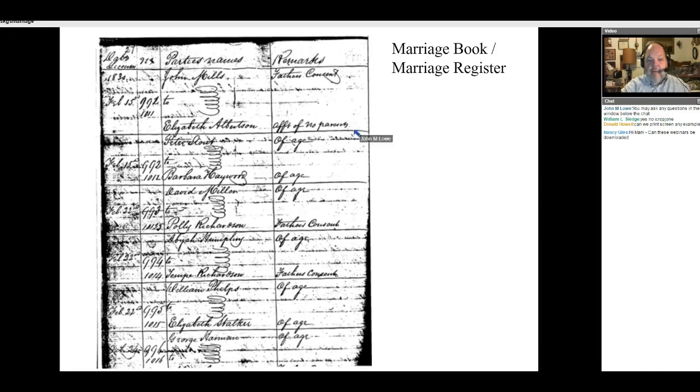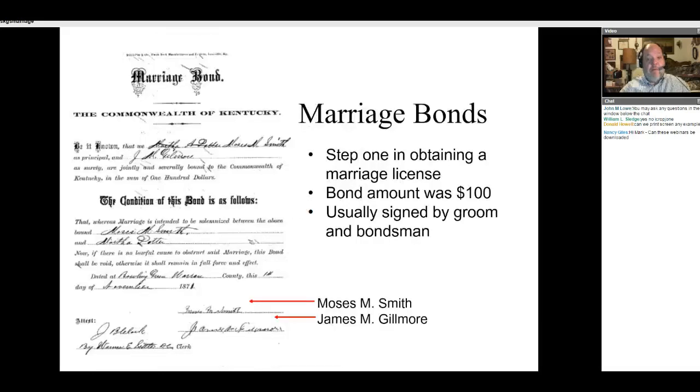In this one, affidavit of no parents, or of age. Again, it's important that we get familiar with the record. Whatever we're looking at and using, it's important that we understand how that was recorded, and if there's additional information, where might that be included, or is this all there is? And that becomes a part of us practicing and seeing what's there.